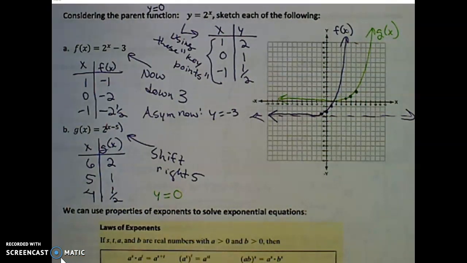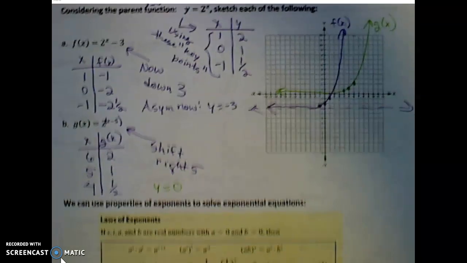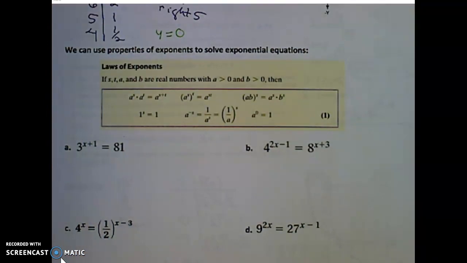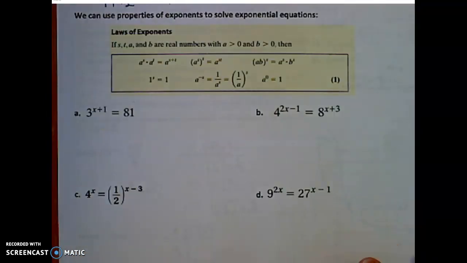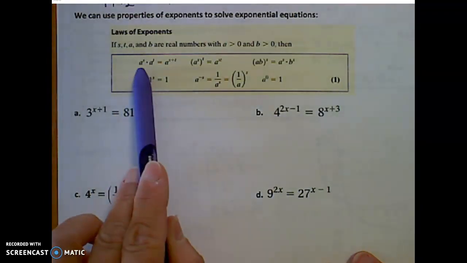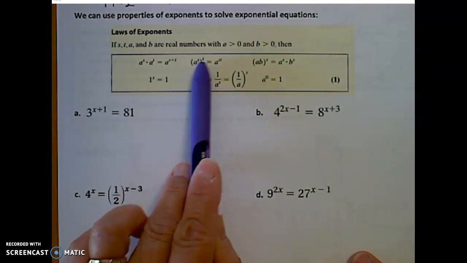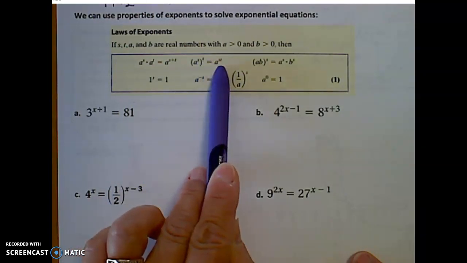There's a method to our madness, why we're reviewing exponential functions for what comes next. But before we do, here's a quick review of some properties of exponents. And while we're talking exponential functions, let's solve a couple exponential equations. Remember, when the bases are the same, we add the exponents. When I raise a power to a power, I multiply those exponents.